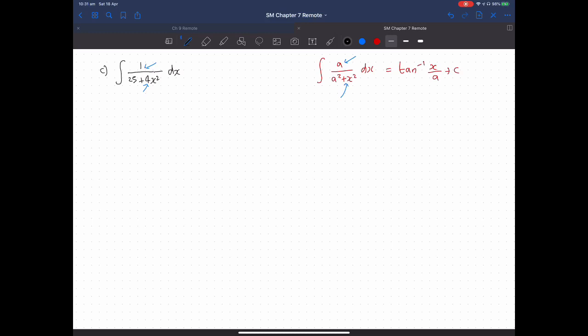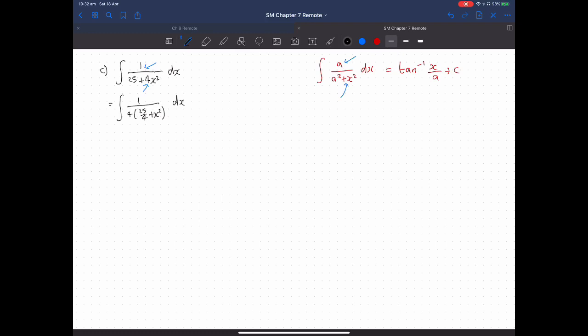So the first thing to worry about is the number that is in front of x squared. Like we did in the previous example, what we're going to do is take 4 out as a factor on the bottom line. This will give me the integral of 1 over 4 times 25 on 4 plus x squared dx.